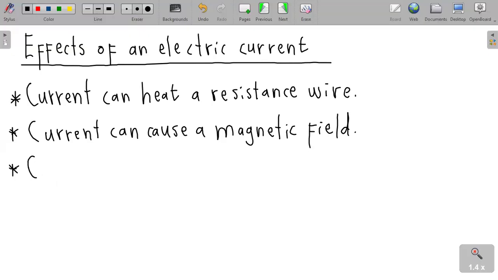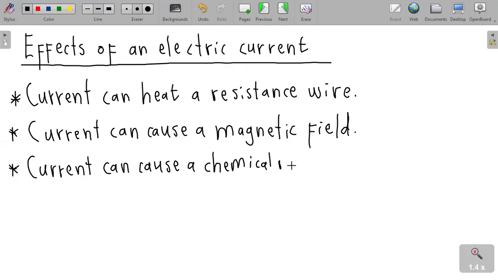And then the last one, we're going to look at the current in solutions. So current can cause a chemical reaction in a solution.